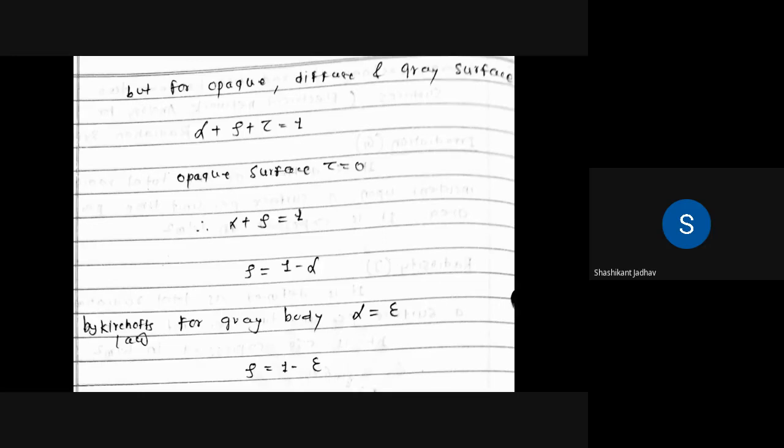When an opaque body is there, transmissivity is equal to 0. So for the opaque surface tau is equal to 0, therefore alpha plus rho is equal to 1. From that we get rho is equal to 1 minus alpha.